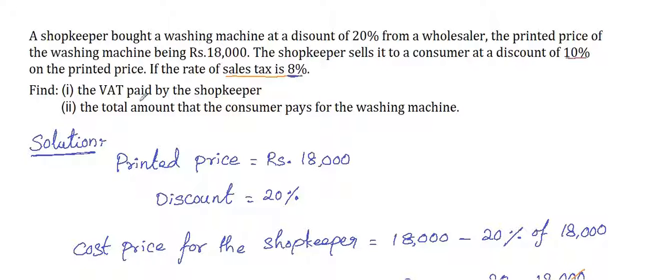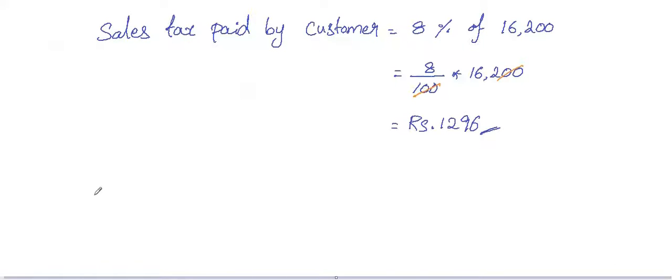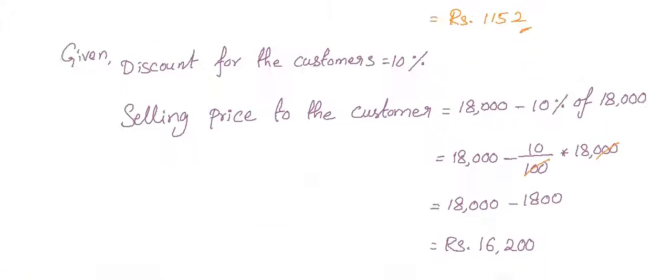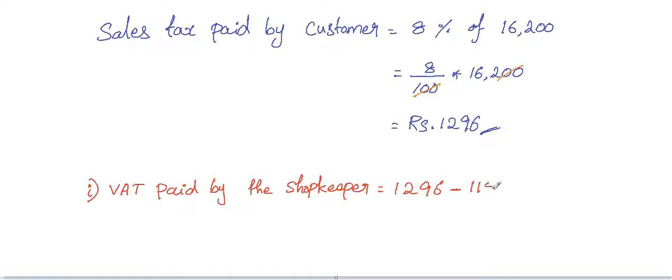So the first part is the VAT paid by the shopkeeper. The VAT paid by the shopkeeper: he will pay the amount 1,296 minus 1,152.